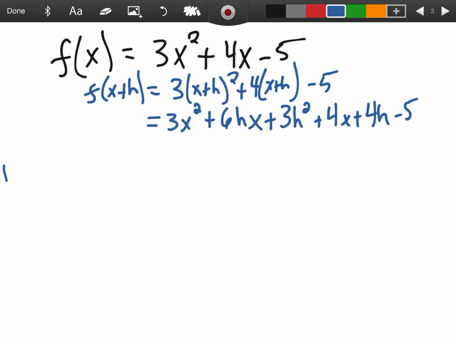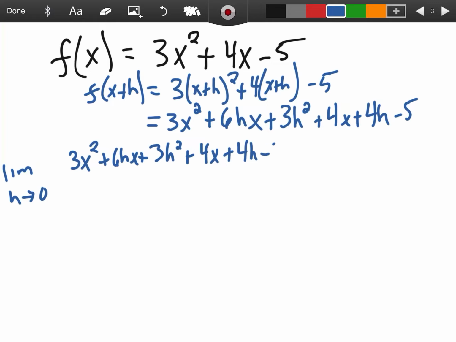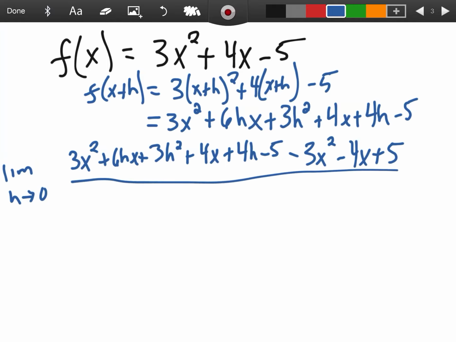So now as we take the limit as h goes to 0 of f of x plus h, so 3x squared plus 6hx plus 3h squared plus 4x plus 4h minus 5. There's my f of x plus h. Now I want to subtract f of x. So minus 3x squared minus 4x, because remember I need to distribute that minus sign, that minus f of x, and then plus 5. All over h.